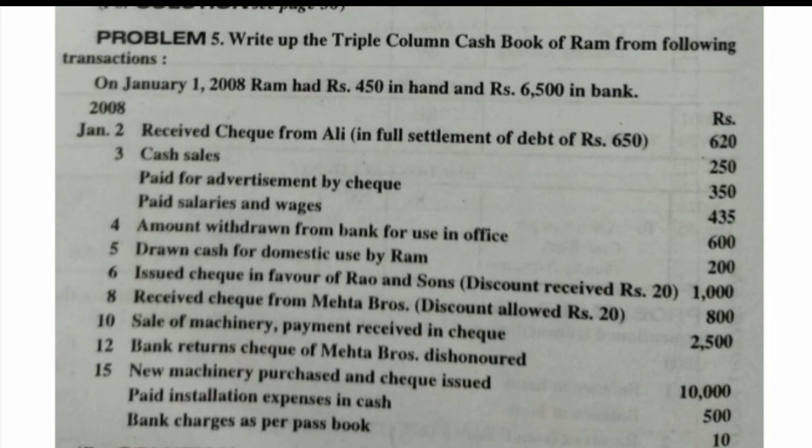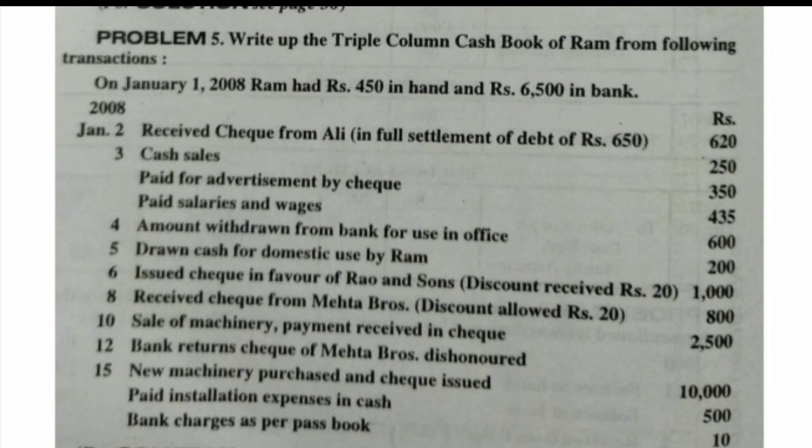Next, paid installation expenses in cash, 500 rupees. See, we have paid installation expenses. If you remember, I told you in the journal entries chapter, whatever expenses we incur in the initial stage of purchasing the machinery, we will debit those expenses to the machinery account only.